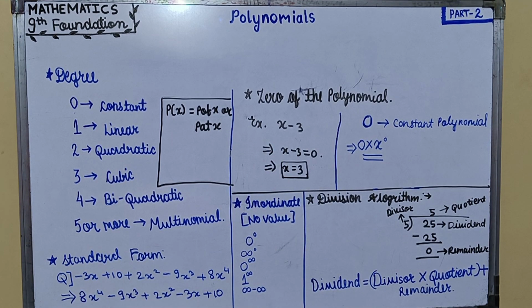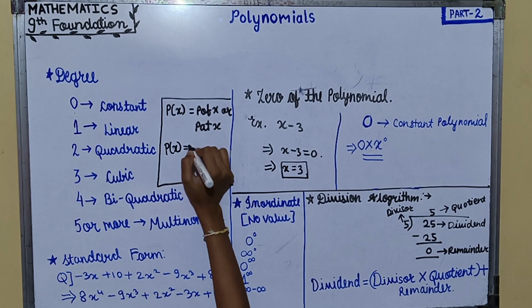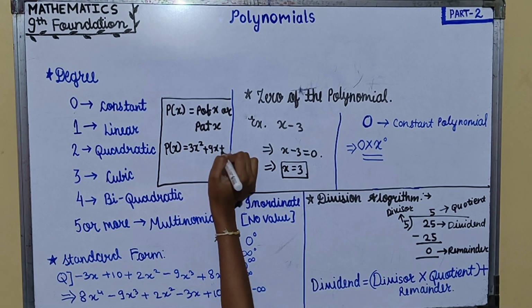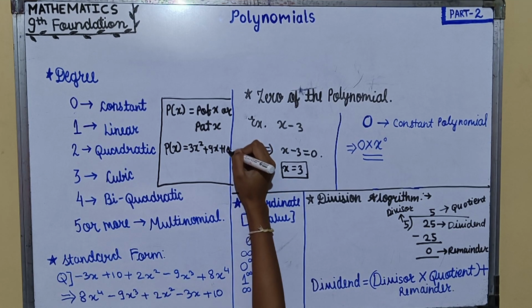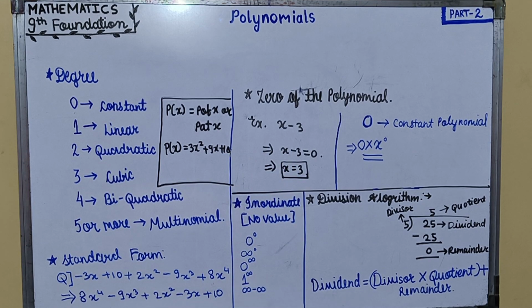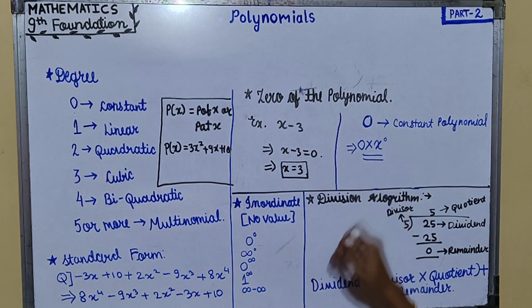For example, if we take P at x equal to 3x square plus 9x plus 10, over here this is the polynomial P at x. P is the whole polynomial and the value of x we have to put by the remainder theorem. We will learn remainder theorem and factor theorem in another parts.